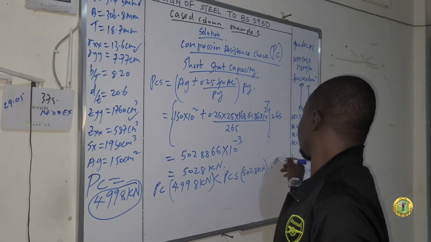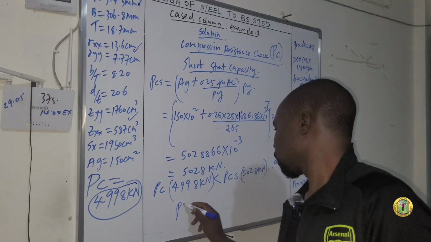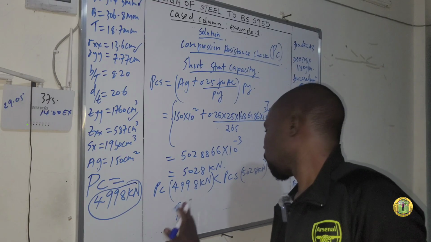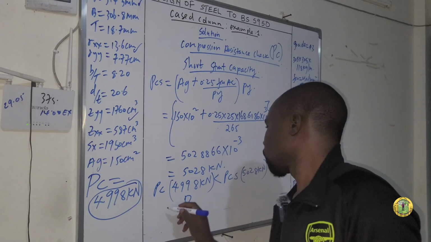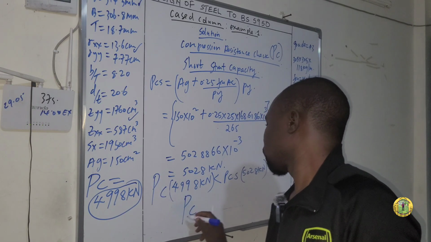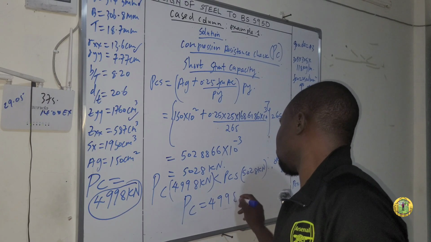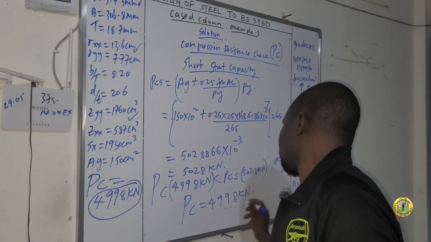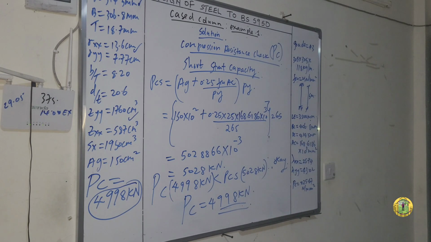Therefore, our capital PC is equal to 49.98 kilonewton, and the question ends there.